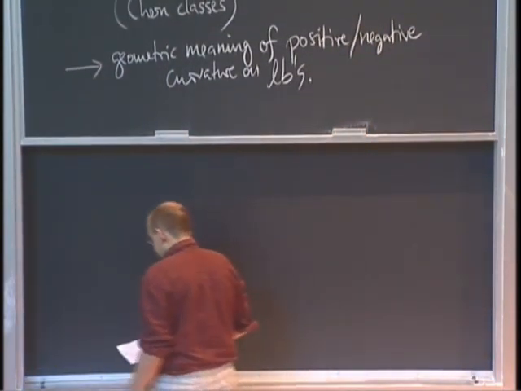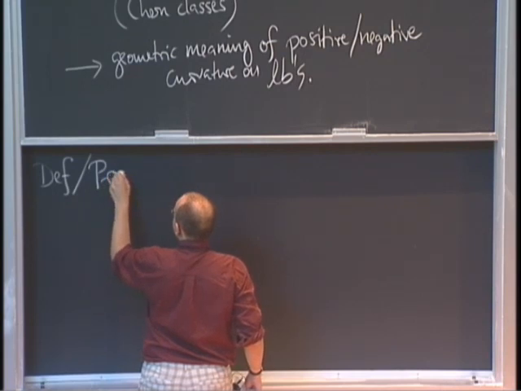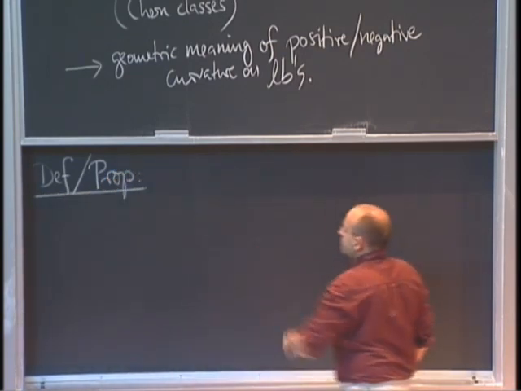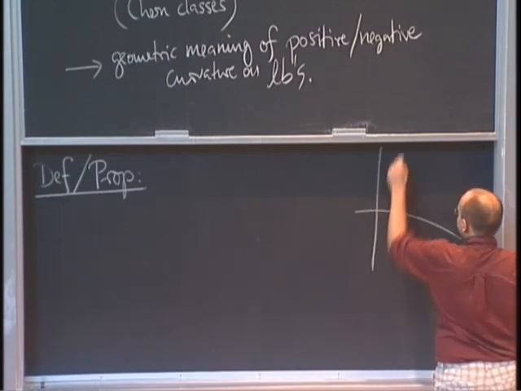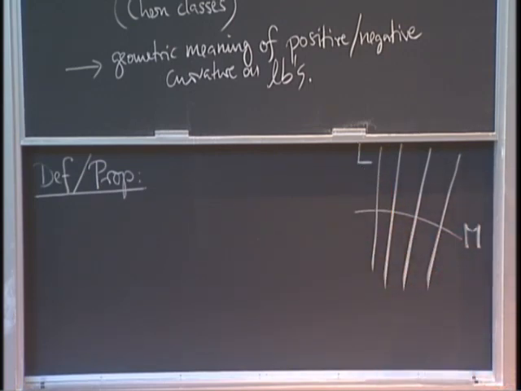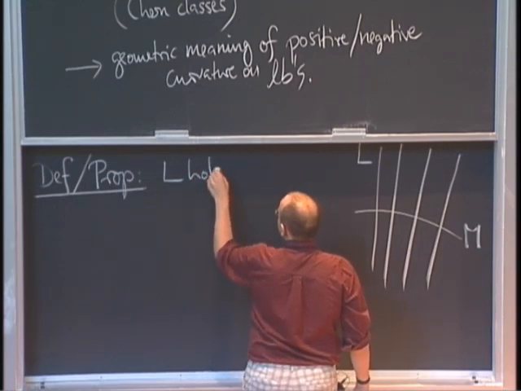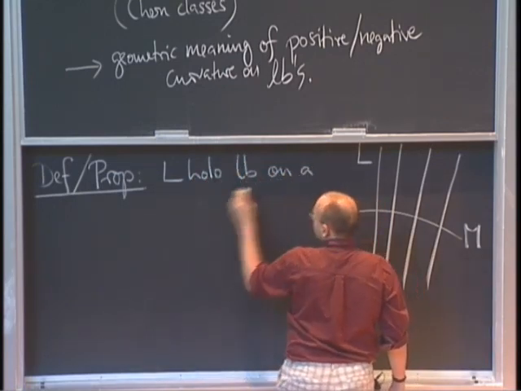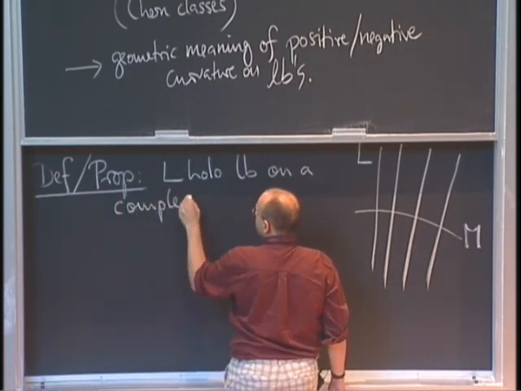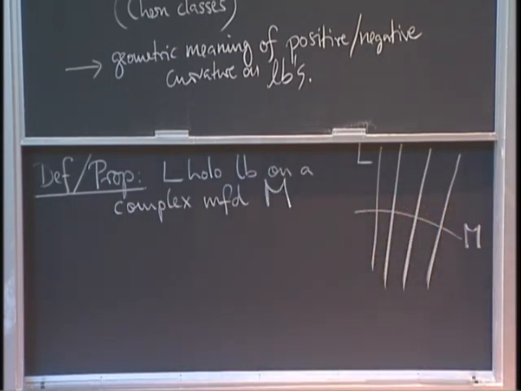Okay. So for a manifold and a line bundle, the first thing I want to say is, what do we mean by a metric on this line bundle?